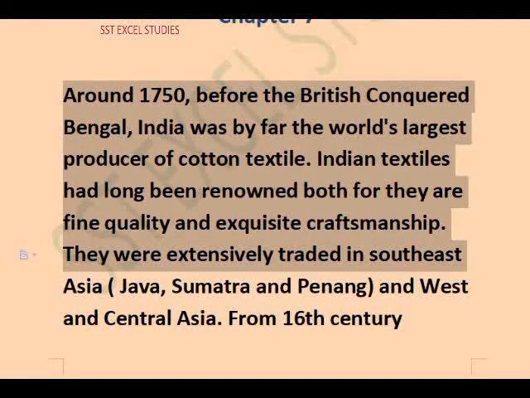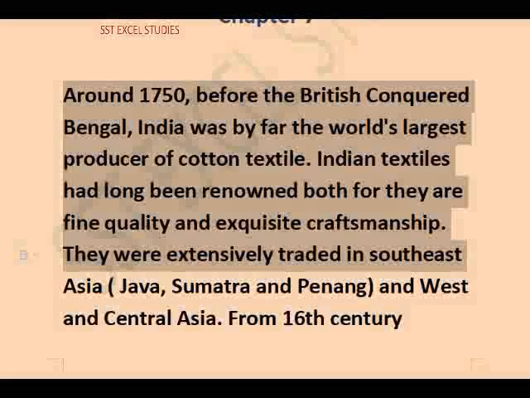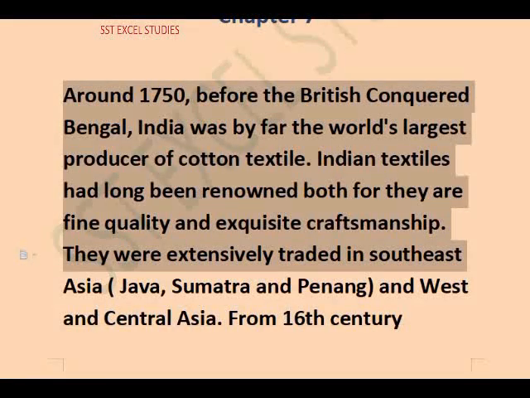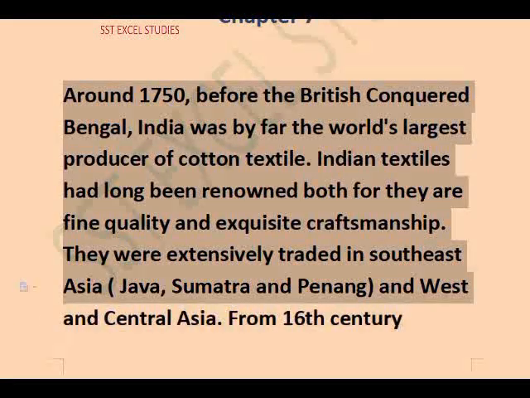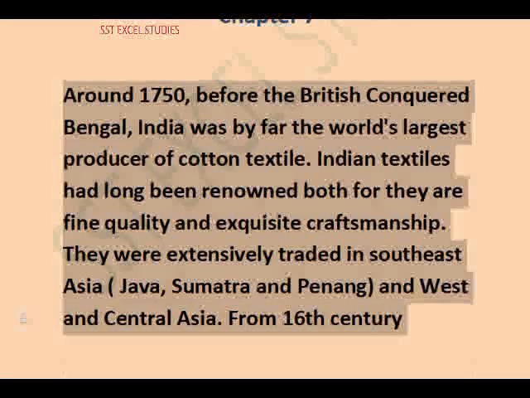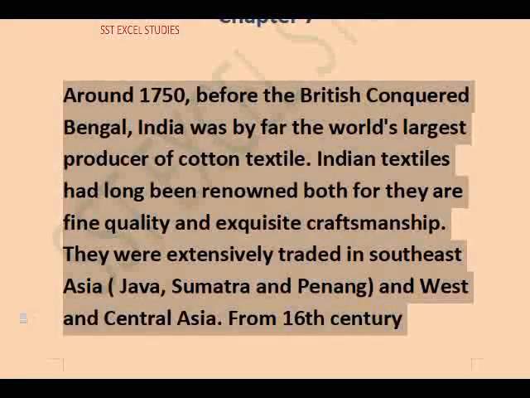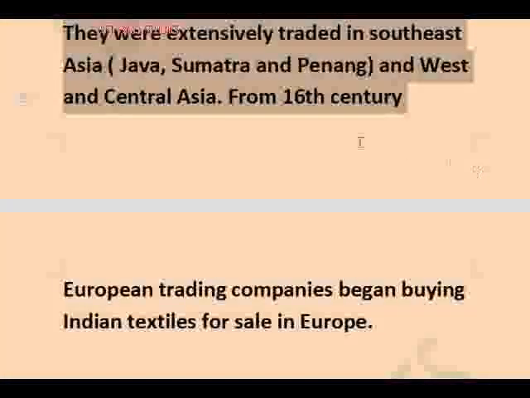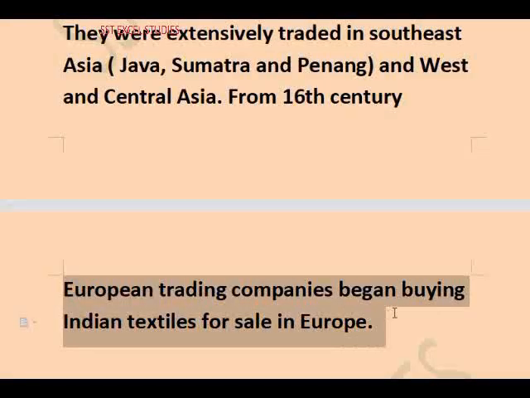They were extensively traded in Southeast Asia, means Java, Sumatra, and Penang, and West and Central Asia, almost entire Asia. From the 16th century, European trading companies began buying Indian textile for sale in Europe.